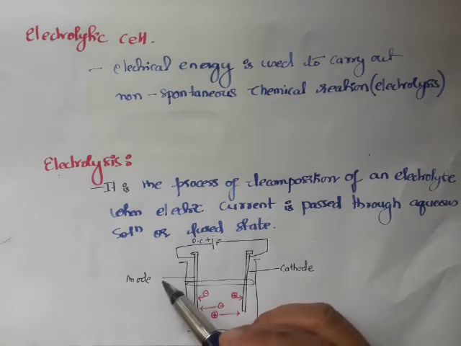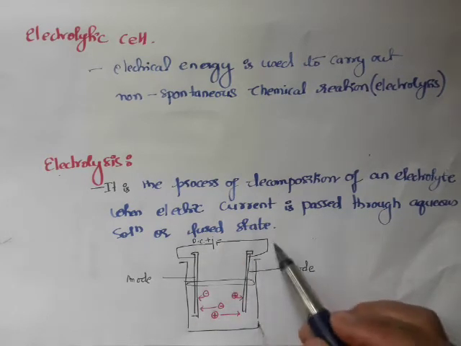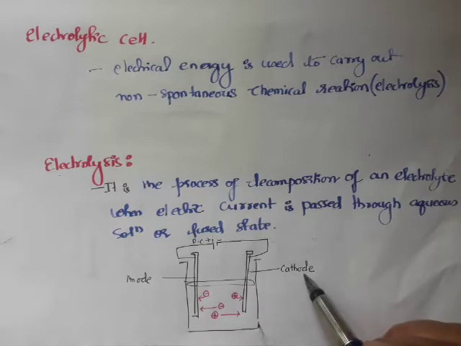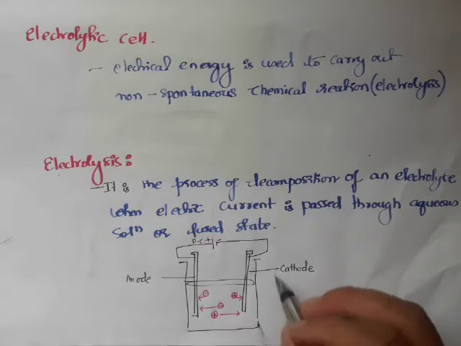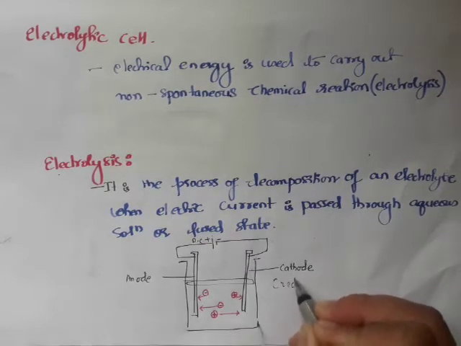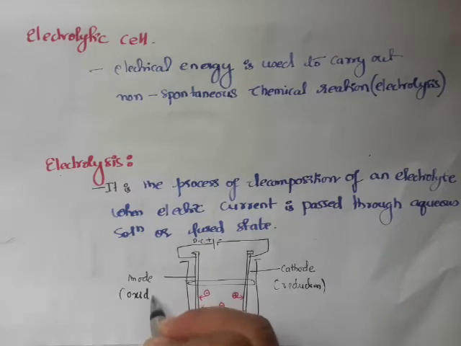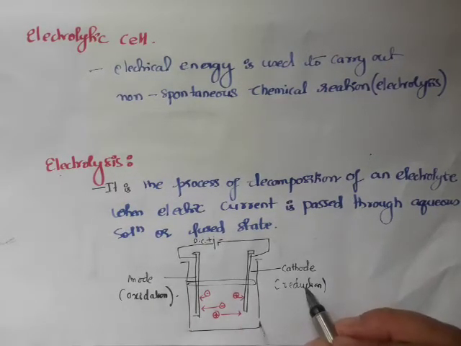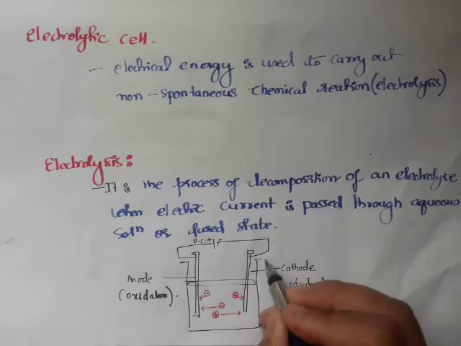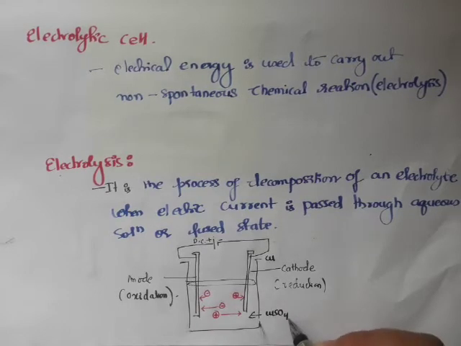The anode is connected to the positive terminal of the battery, and the electrode connected to the negative terminal of the battery is the cathode. Always remember, at the cathode reduction takes place, and at the anode oxidation takes place. Let us take a simple example. Let this be your copper electrode dipped in copper sulfate solution.